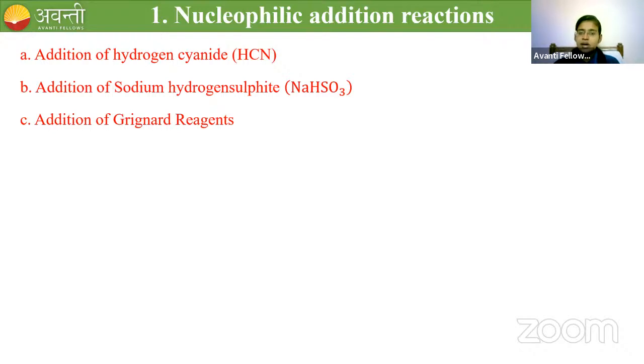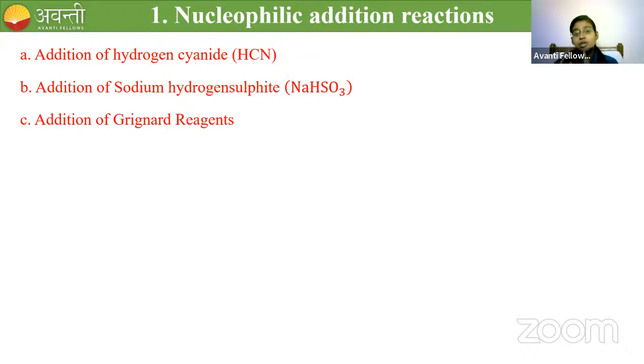So we have completed these three additions into the aldehydes and ketones. We have some more compounds to add to the C double bond of aldehyde and ketone, so we will discuss that in today's session. These are the three subdivisions under this nucleophilic addition reaction. We have two more subdivisions.